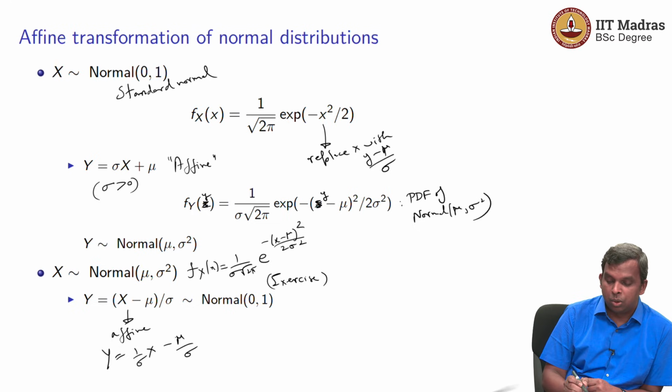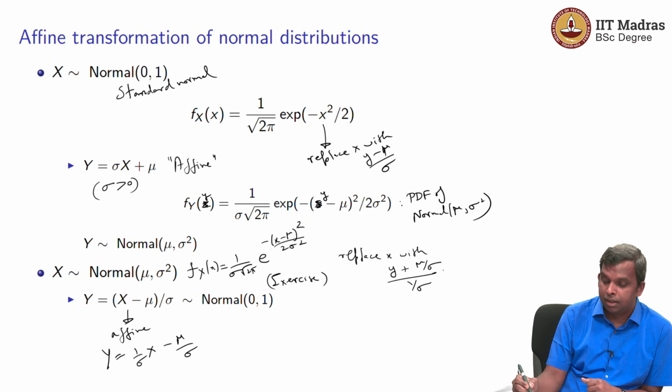So, you replace x with y plus mu by sigma by 1 by sigma, which is equal to sigma y plus mu.